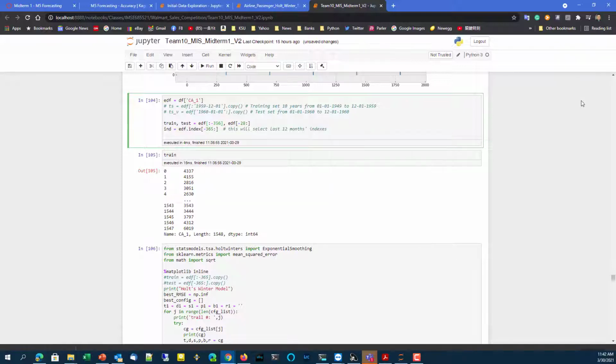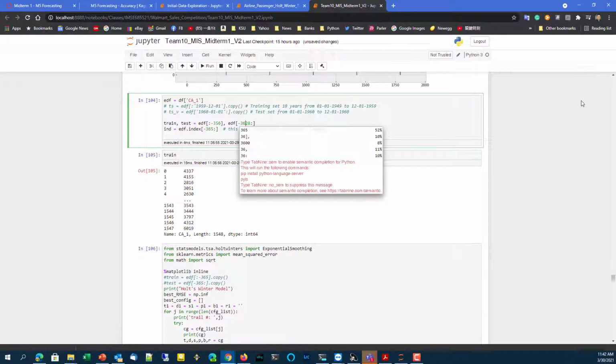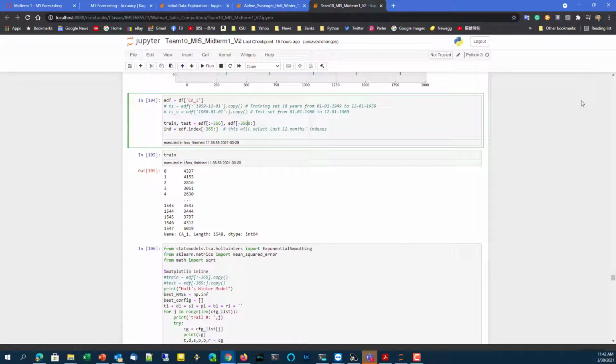I'm trying to see if the predictions are okay. It's up to you. You can do 100 days, 180 days, or 120 days as a quarterly estimate of forecast. So you can do that, no problem.